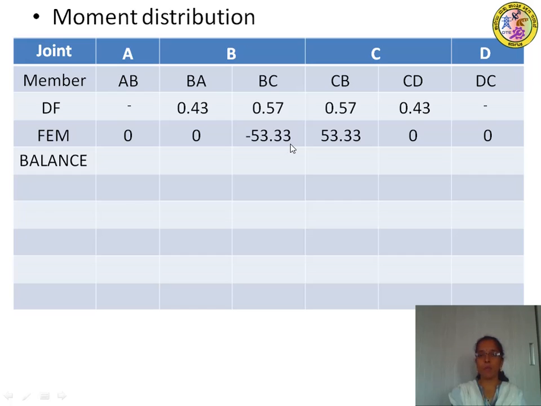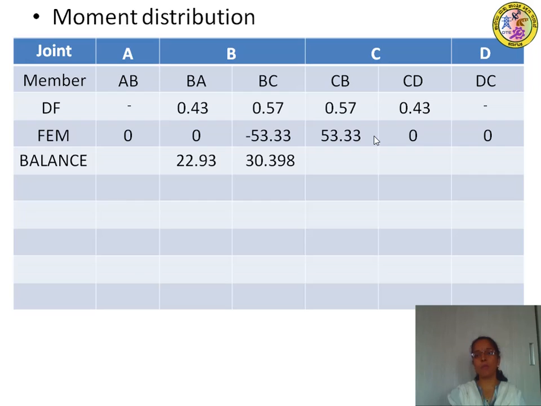Therefore the balancing moment will be plus 53.33. So plus 53.33 into 0.43 will be equal to 22.93. Next, 53.33 into 0.57 will be equal to 30.398. Similarly, joint C is imbalanced by 53.33 plus 0, that will be 53.33 only. So the imbalancing moment at joint C is plus 53.33.